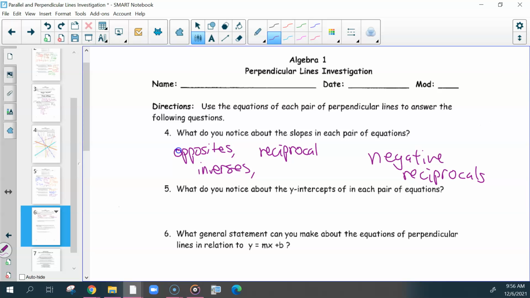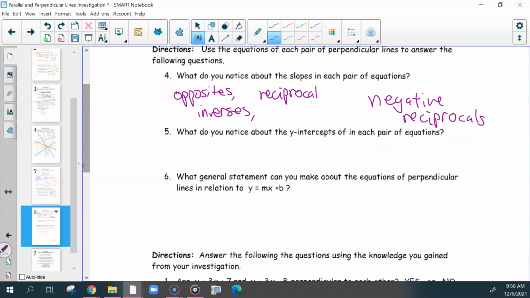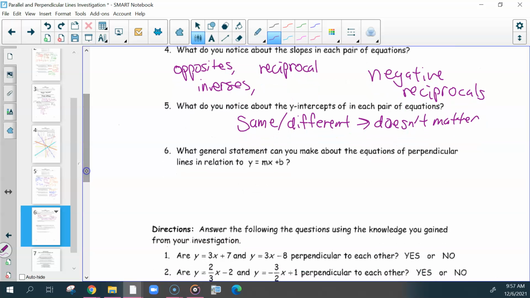Either way, the most important thing is the slope when it comes to determining if two are perpendicular. Correct. So putting those two together, for perpendicular lines, the slopes have to be negative reciprocals, and the y-intercept doesn't matter. Is really what you could put.